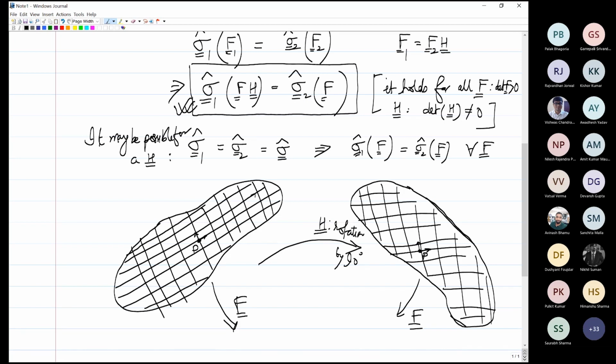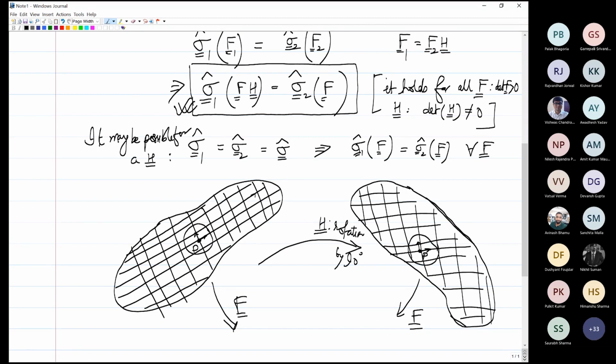Don't you think then in that case the Cauchy stress will actually be the same? The sigma will actually be the same, because you see locally the body is looking the same.